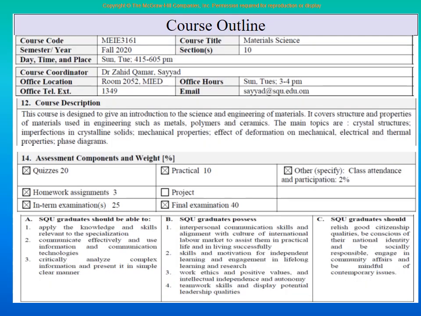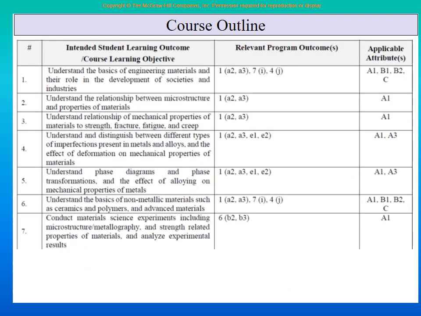good enough. Then I started briefly talking about the course outline, the description, what the different topics are that we will be covering, and what the major outcomes are in terms of what SQU wants in their graduates.